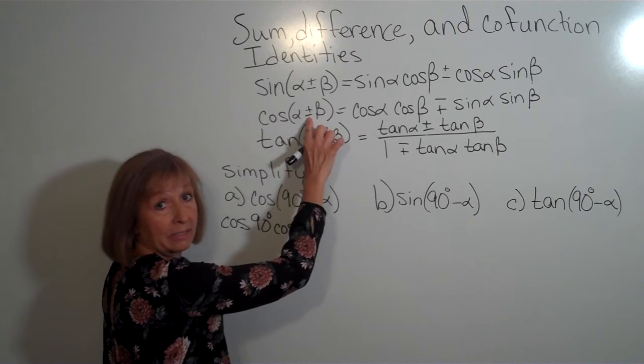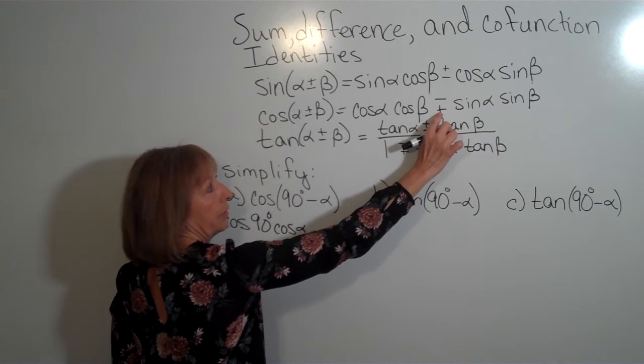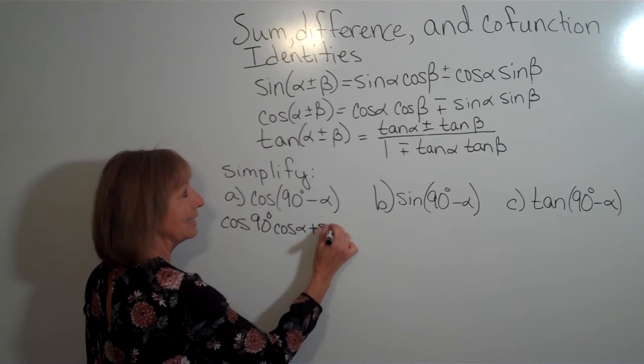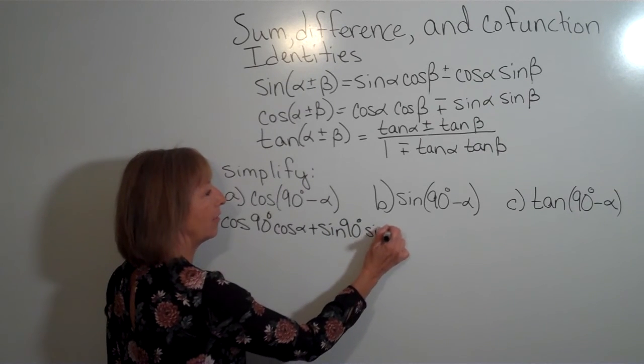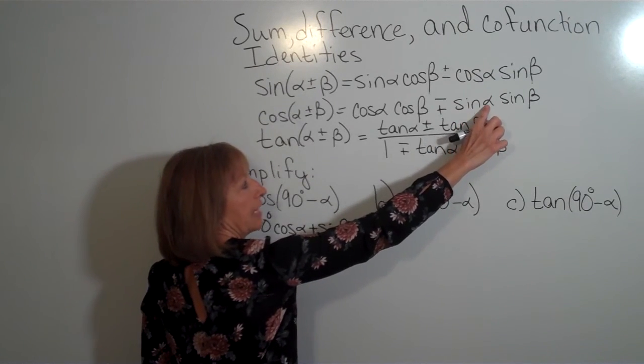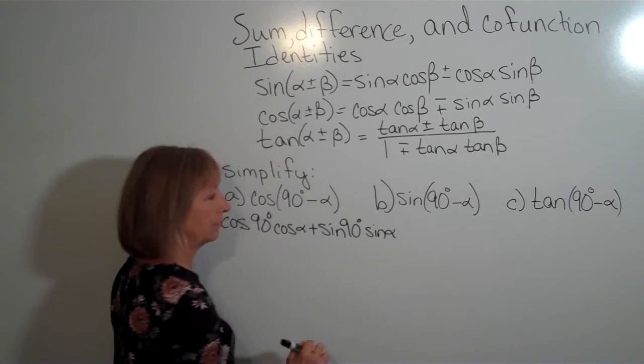And remember, minus is going to be the bottom path, so we're going to do a plus, sine 90 degrees sine alpha, the sine of the first angle times the sine of the second angle.